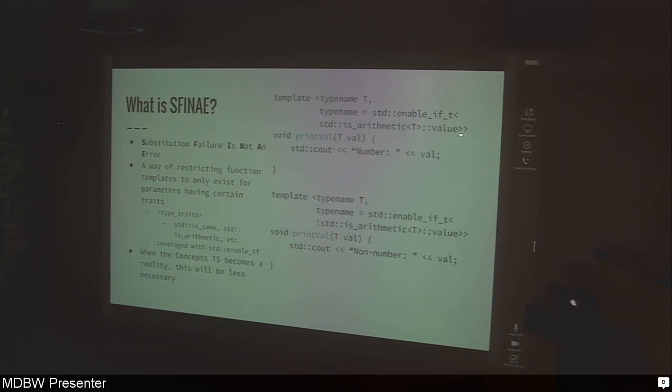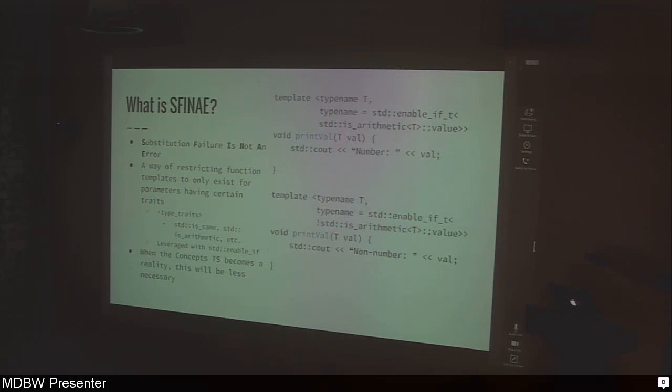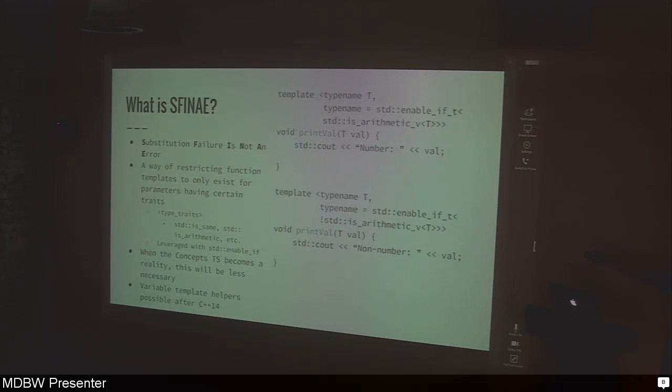So one more thing I want to talk about with this SFINAE idea is how this std::is_arithmetic value is kind of clunky. Not only are we checking if the std::is_arithmetic and calling it on T, but we also have to access its value member, which is just kind of verbose. So in C++17, they provided in the standard library these kind of aliases, where instead of doing ::value after the template struct, you just do std::is_arithmetic_v<T>.